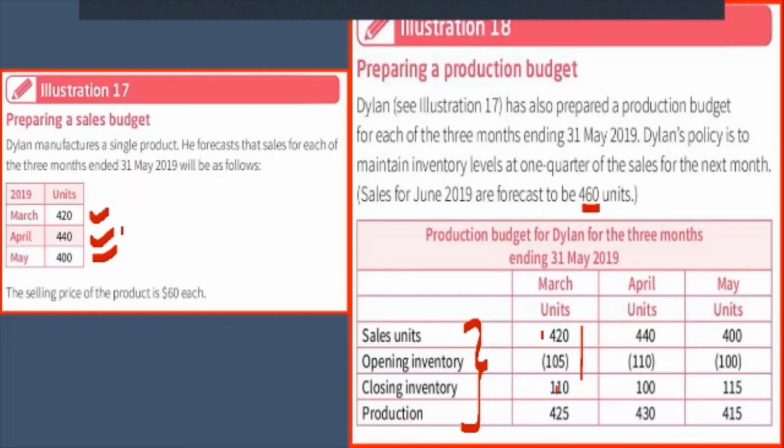Okay, now what will happen the next month? We have to take this and we put it over here. So your closing inventory becomes your opening inventory for the next month. And we take that off because we already have it. We'll minus it from this. And our closing inventory would be a quarter of this one here. We'll get 430 when we add this column down.